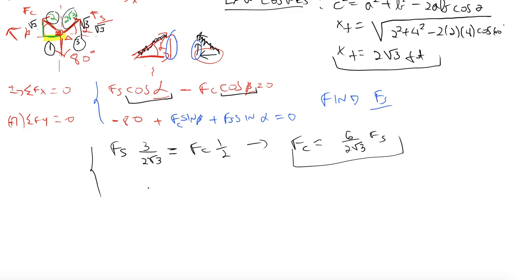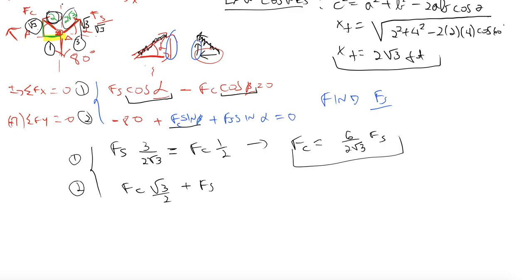So the same two equations. Then I have Fc sine of beta. Let me label these so you can follow a bit better. Sine of beta is just opposite over hypotenuse, so square root of 3 over 2. And then Fc sine beta plus Fs sine alpha.